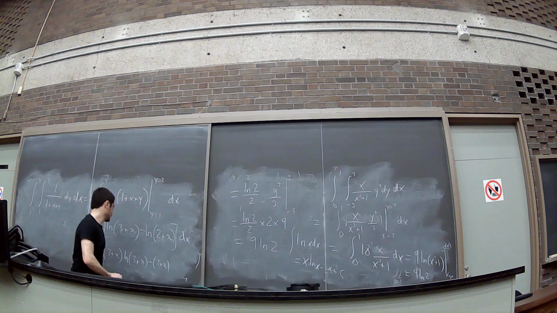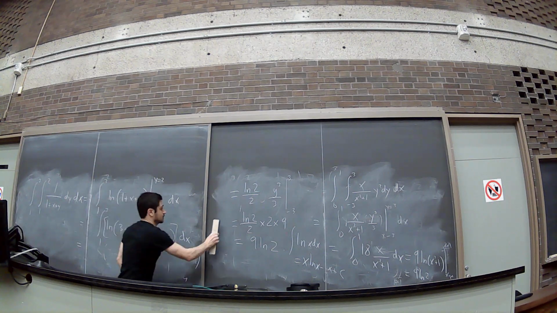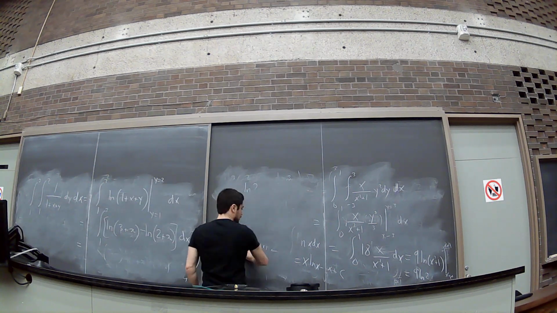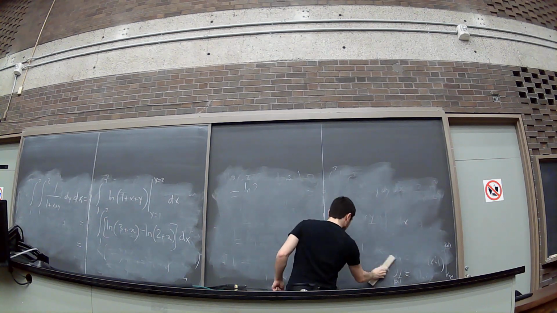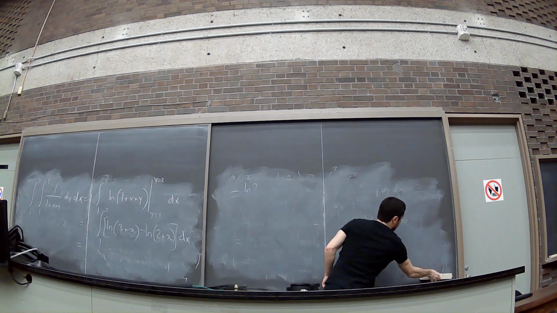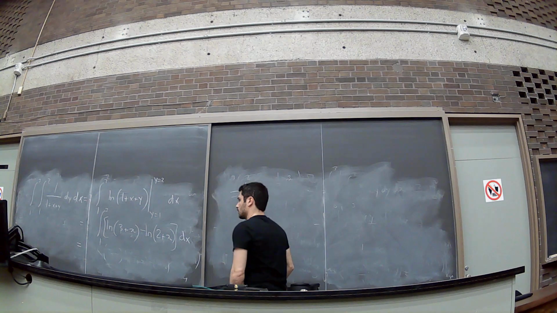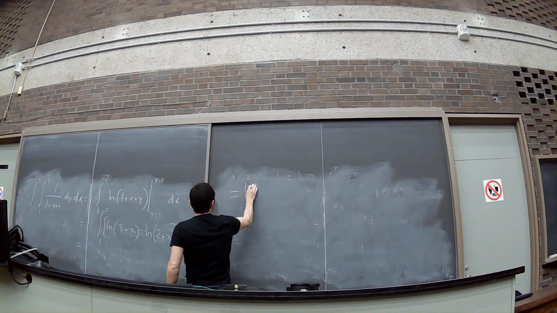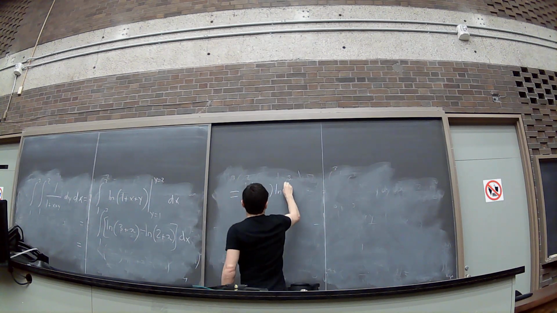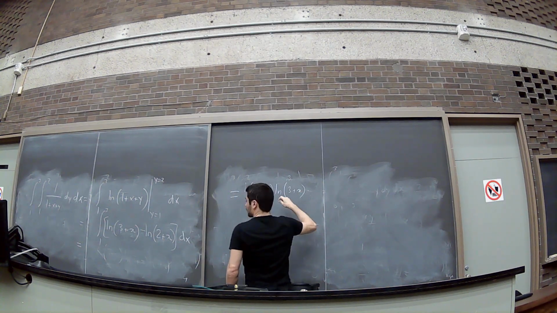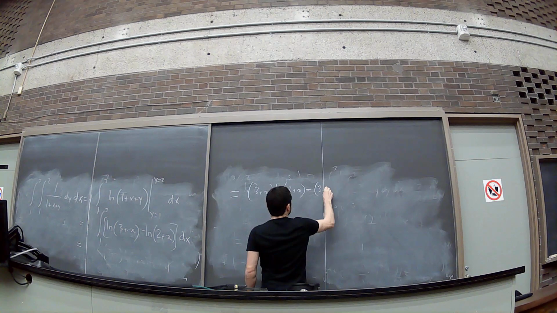Let's write it there. So it's 3 plus x, ln 3 plus x, minus 3 plus x.